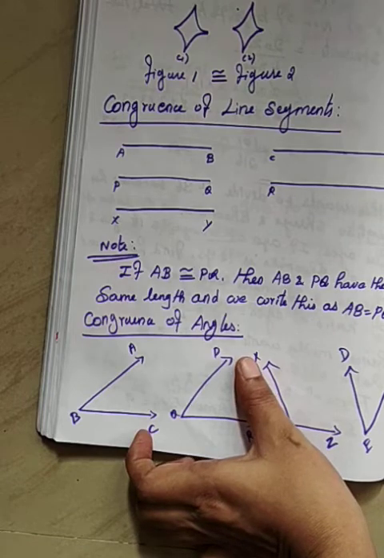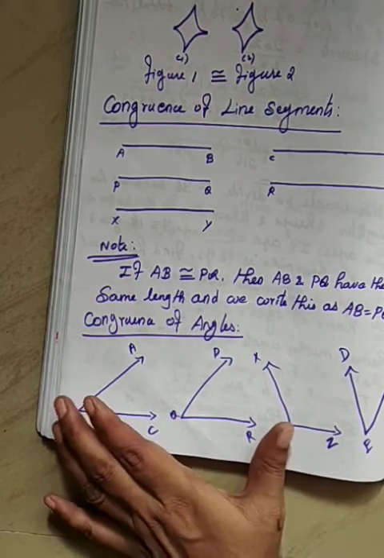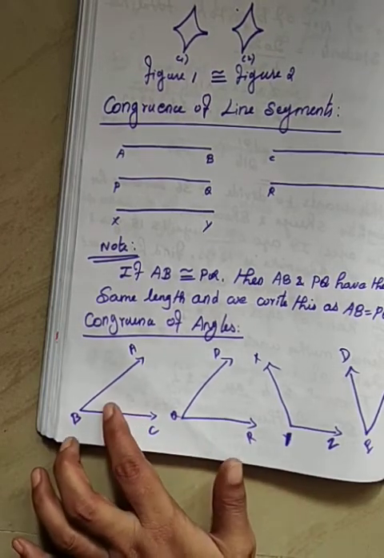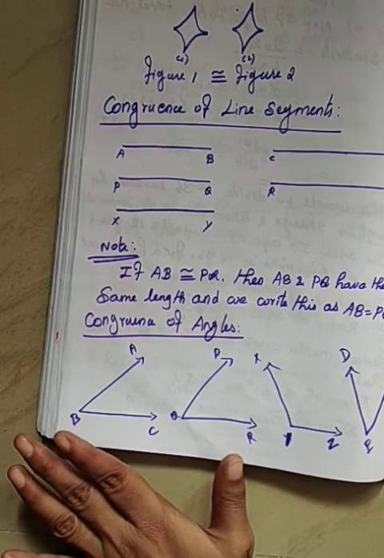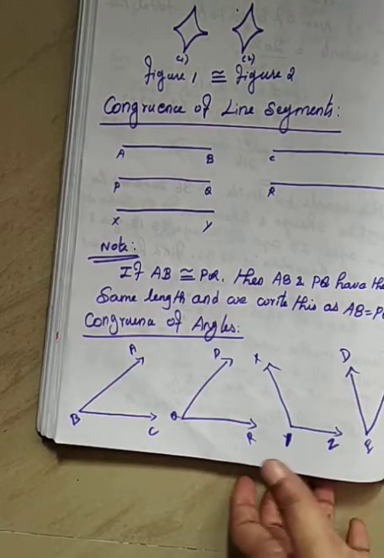Observe that the other arm coincides with QR. From this we can conclude that angle PQR and angle ABC are congruent. The remaining ones you can check.